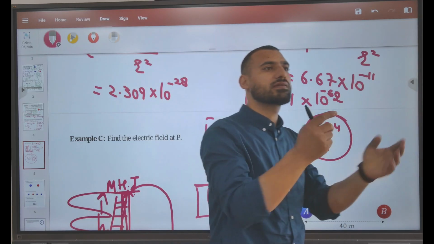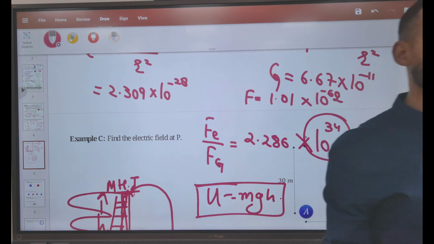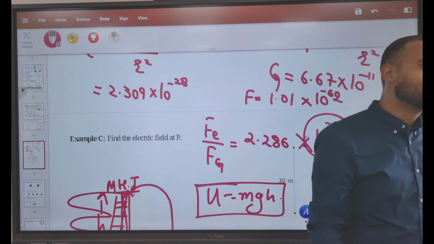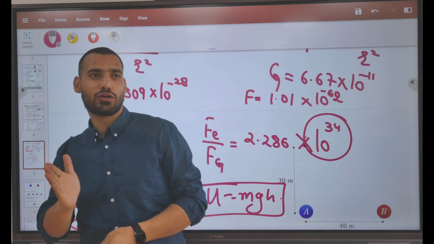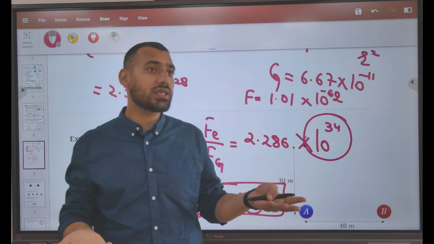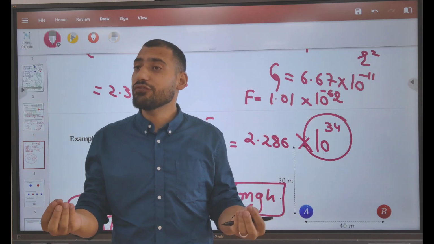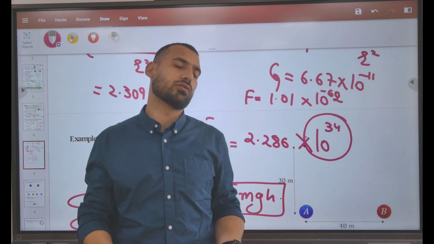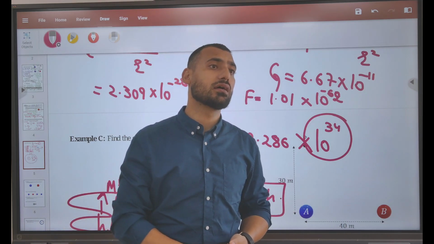Gravitational force is always attractive in nature, isn't it? But electrostatic force is like your father. Sometimes he taunts you, sometimes he loves you. There is repulsion as well, isn't it? Gravitational force is only attractive, while electrostatic force can be attractive as well as repulsive.